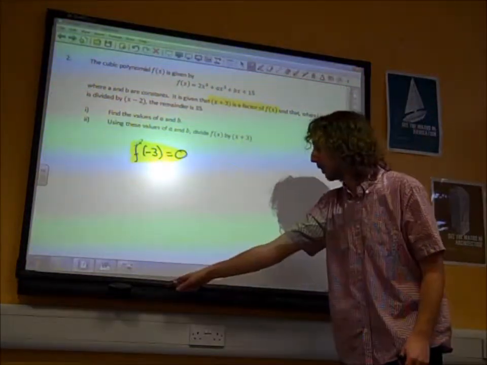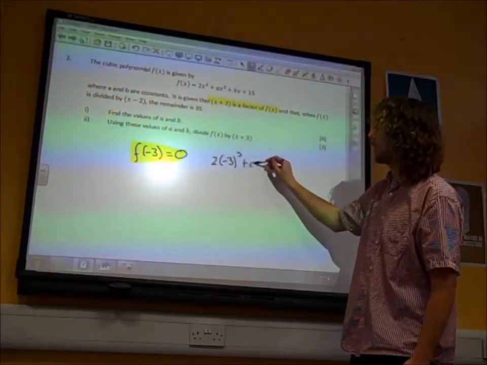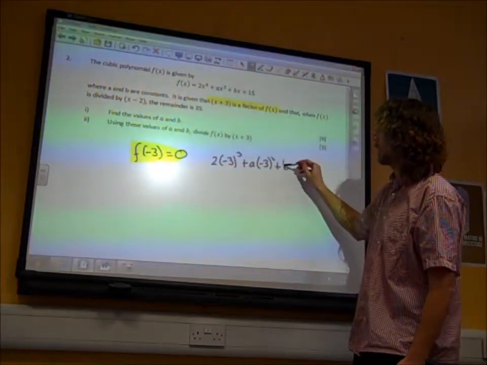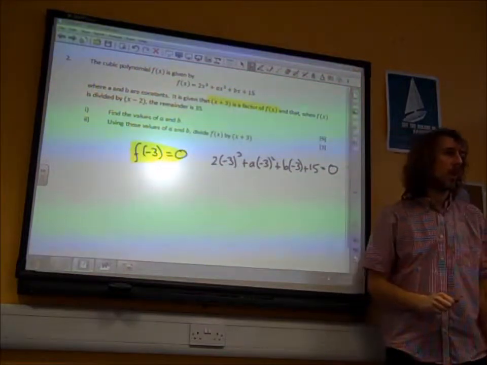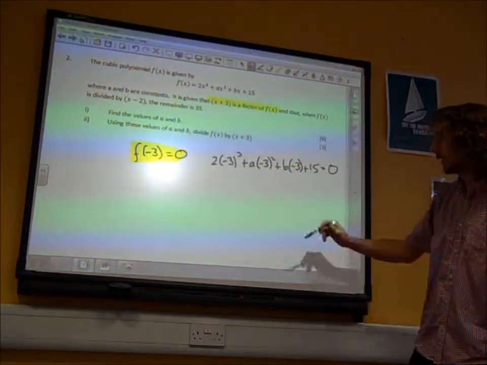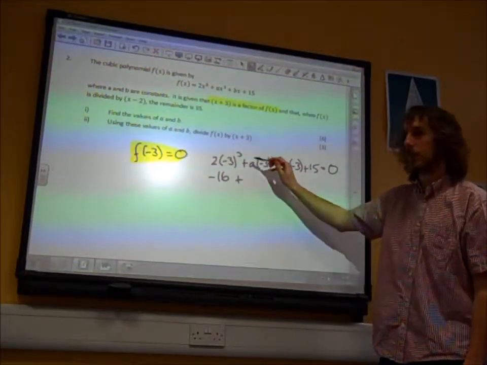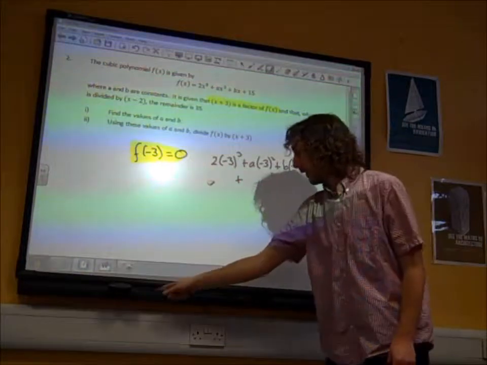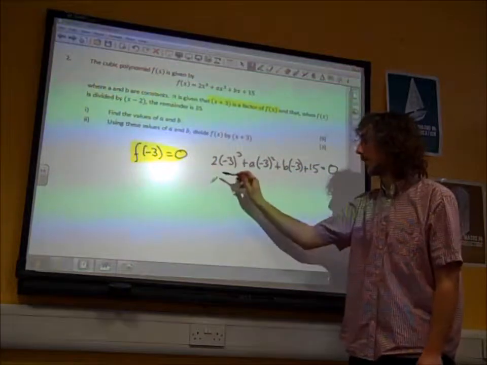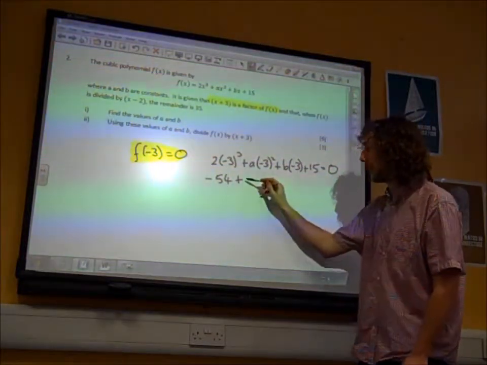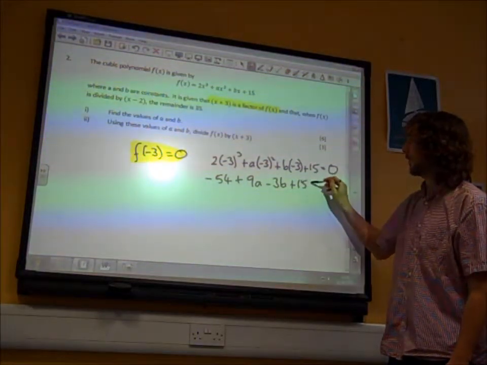But that's more usable. So that means that 2 times minus 3 cubed plus a times minus 3 squared plus b times negative 3 plus 15 is 0. And so we can work our way through this. That's minus 54 plus 9a minus 3b plus 15 is 0.